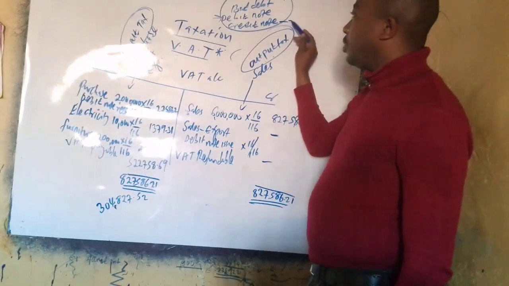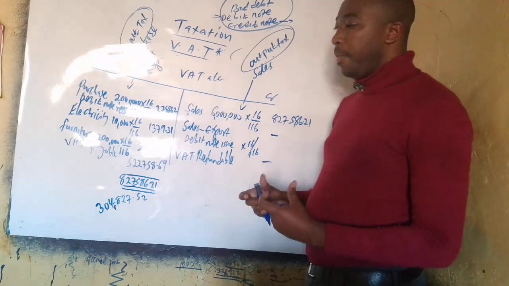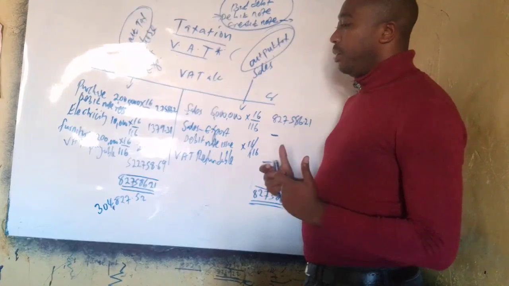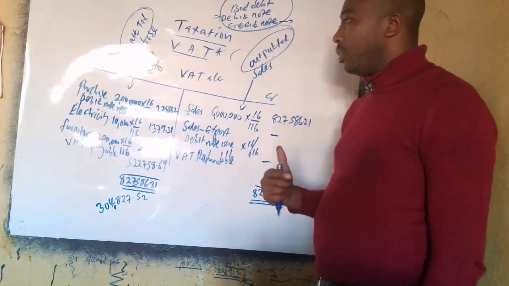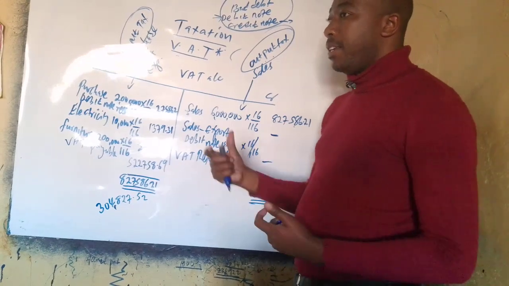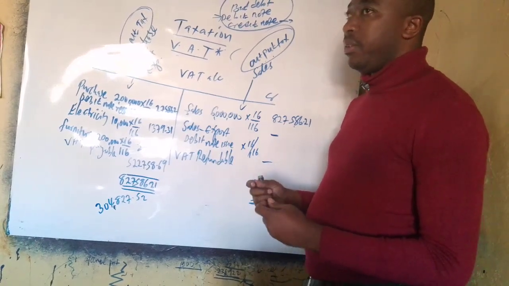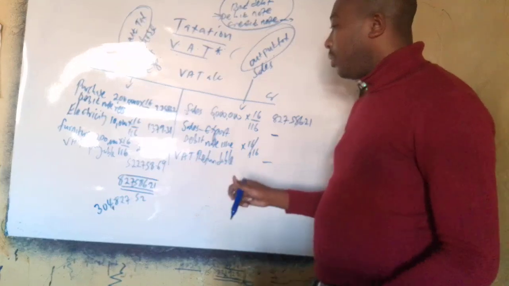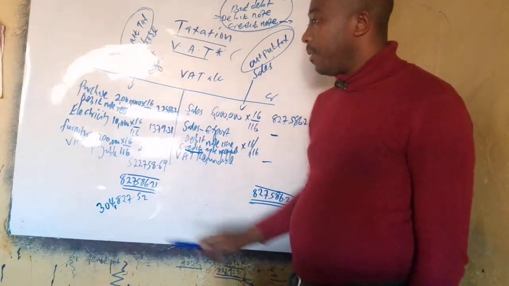A credit note is a note issued to correct overpayment. Meaning, whenever we have this credit note, it is a refund. It means we have paid in excess and therefore we are being refunded. So, for the credit note received, you come and record it on this side, because it is reducing purchases.